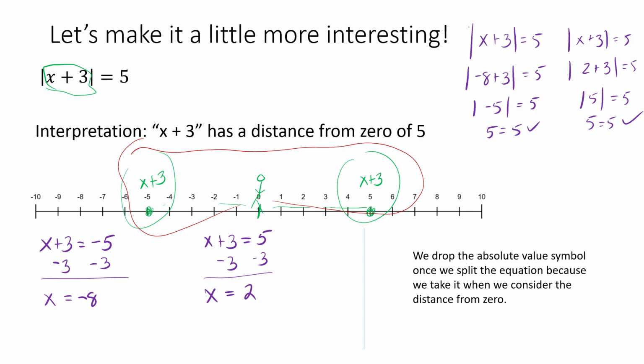A common mistake that I see students make is that they have absolute values around the equations here. But remember, if you put absolute value here, that's the same problem you started with. If you put absolute values in here, you actually are writing something impossible because that absolute value can't be negative. So you do want to make sure that that step there is where you're dropping the absolute value.